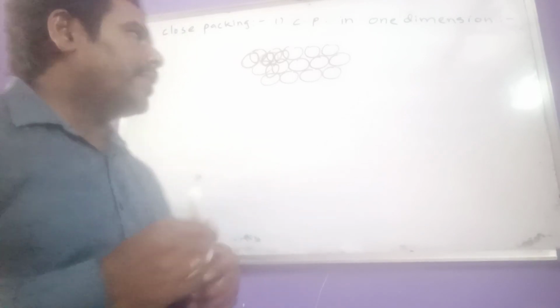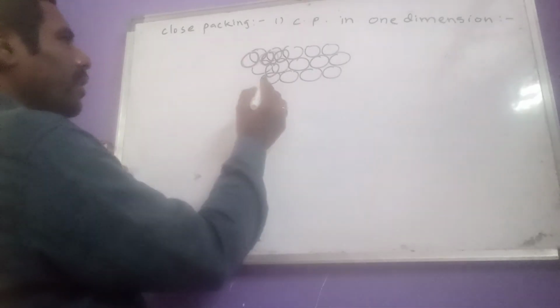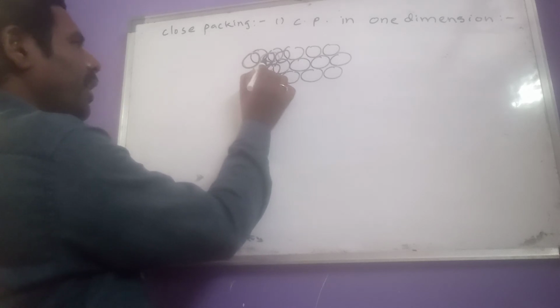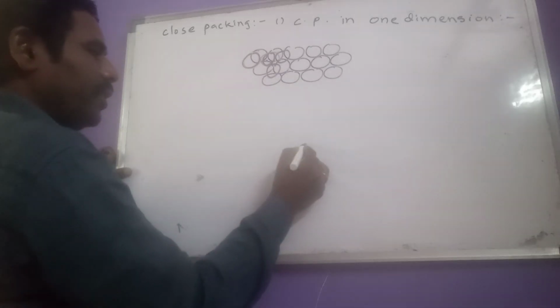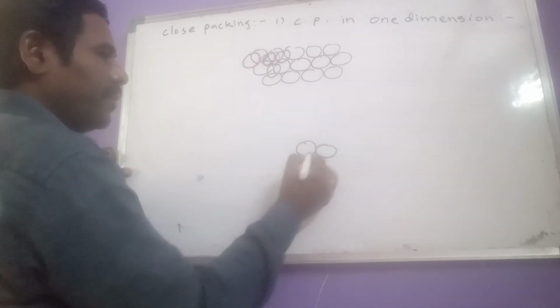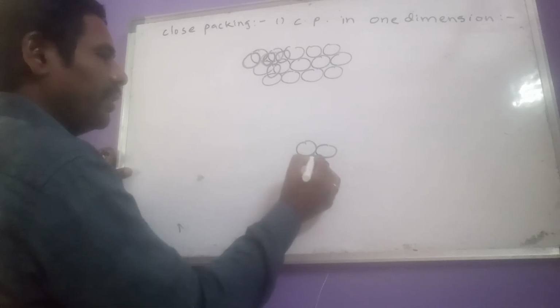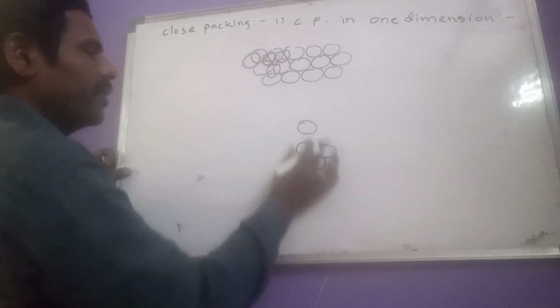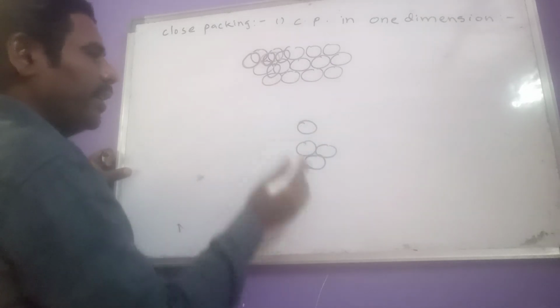For example, if we consider this void, it is present among which one? Four atoms. So three atoms are arranged like this, and the fourth sphere I am placing somewhat upside here.